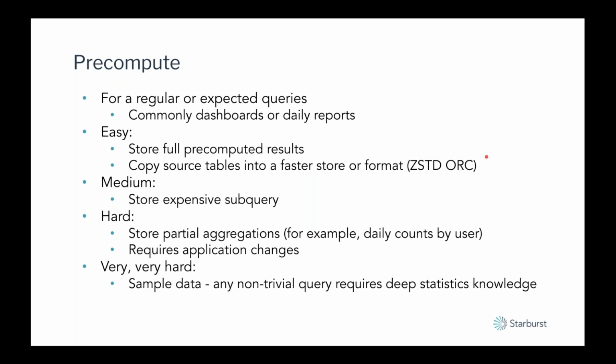Another easy technique is to put the source tables of your common queries into a faster store, a faster format. It's shocking how many people show up with queries that are really slow, and then you find out they're using, I don't know, text files with JSON in them. Every time I read that, I have to parse a text file, parse JSON, and find the one column you're interested in in that ginormous JSON document.